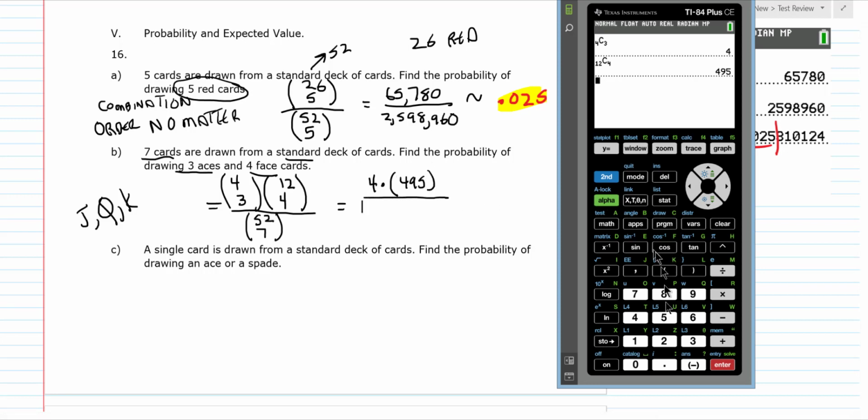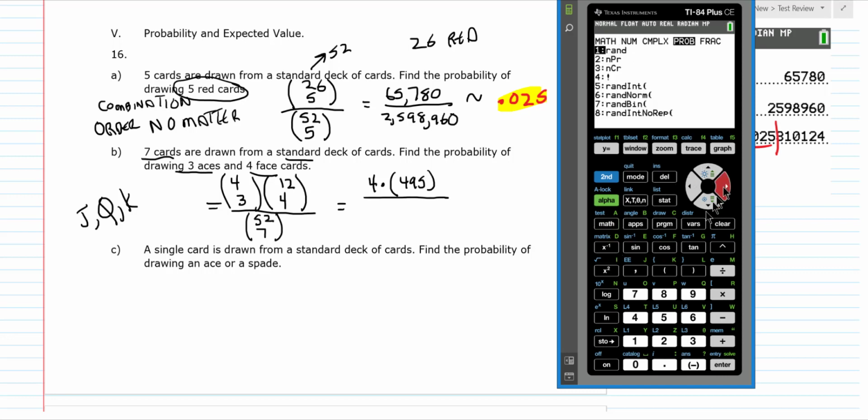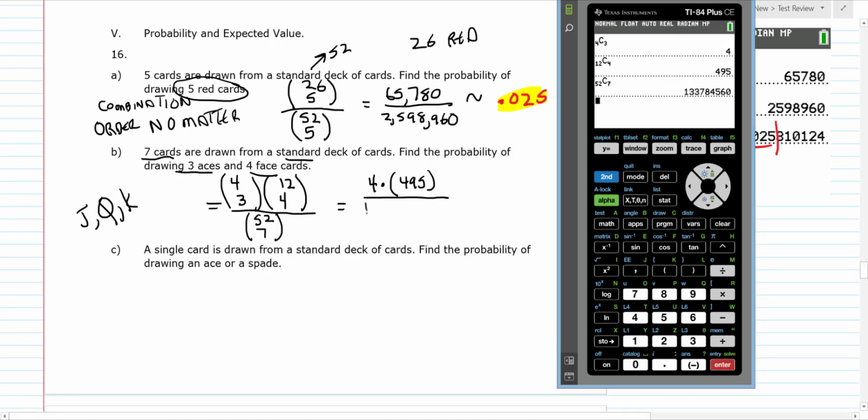And then the denominator, we do 52 math combinations, 7 at a time. That'll be a real big number. So that's 133,784,560. So that's over 133 million.